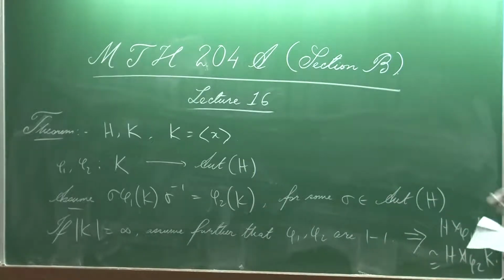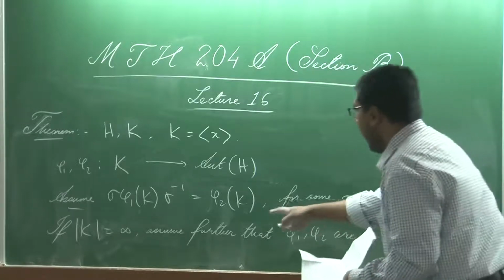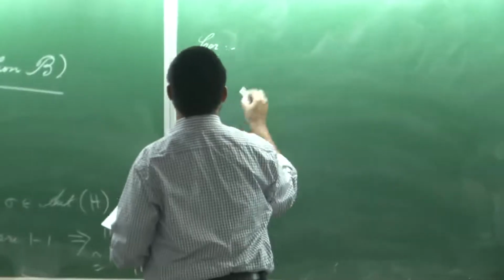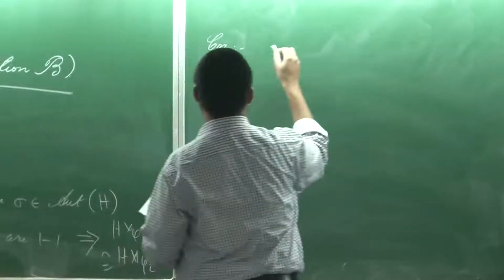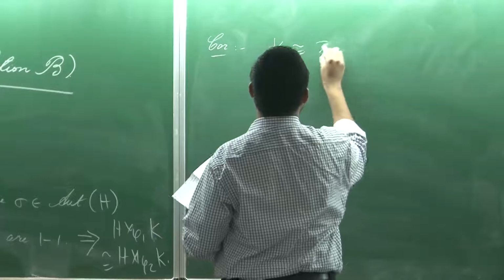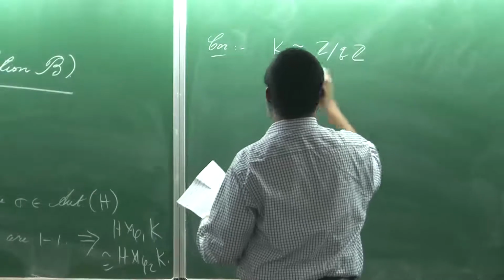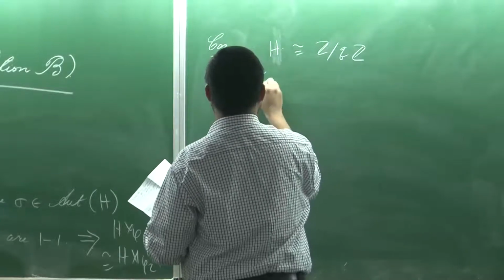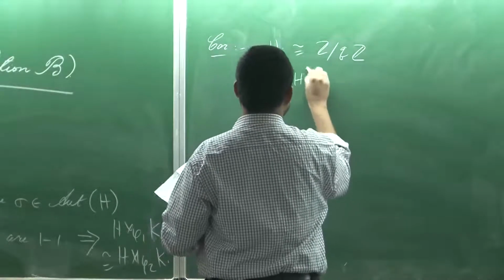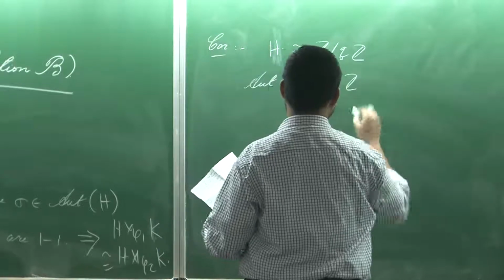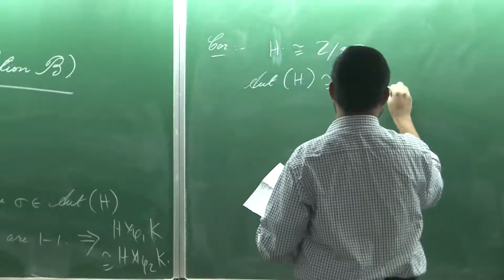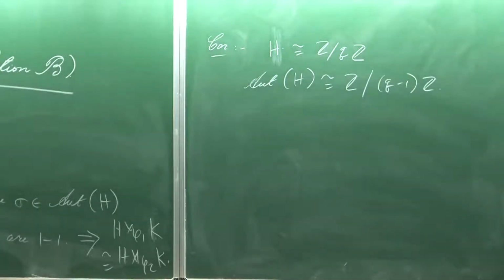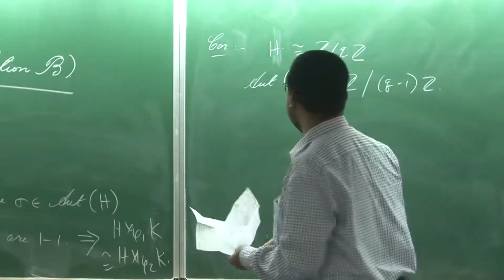All right. As an immediate corollary, we can also see that if H is isomorphic to Z modulo QZ, then Aut H is in fact isomorphic to Z modulo (Q minus 1)Z. That's an easy exercise.